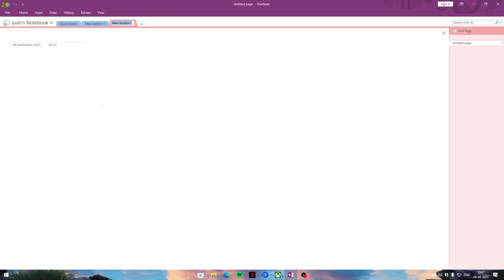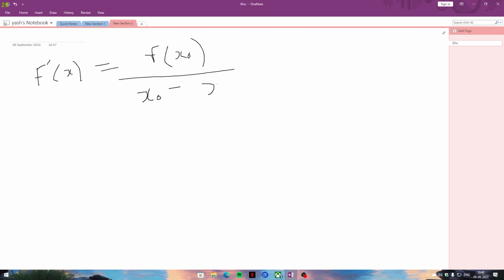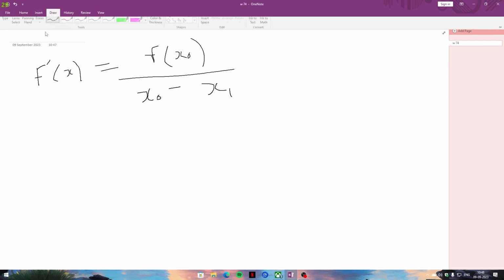So now that we have this formula, f dash of x is equal to f of x0 by x0 minus x1, let's generalize it.